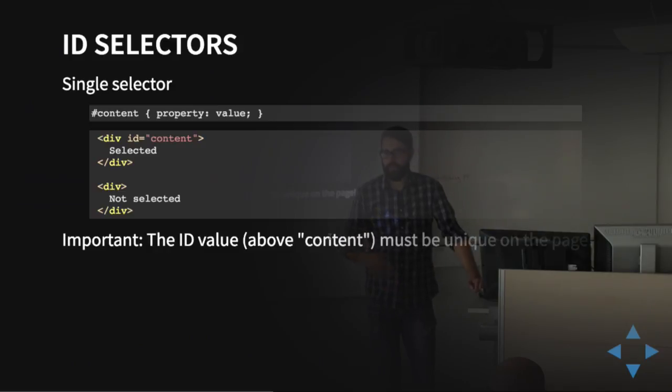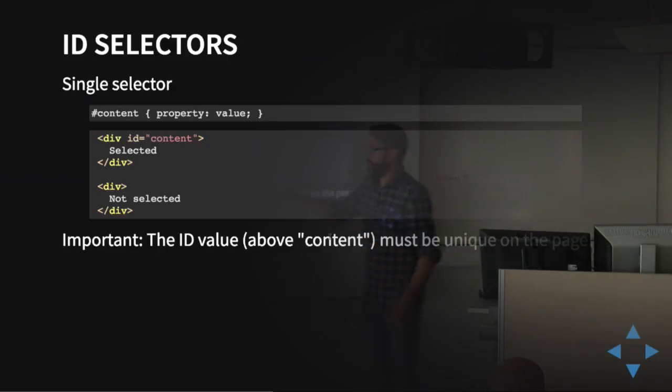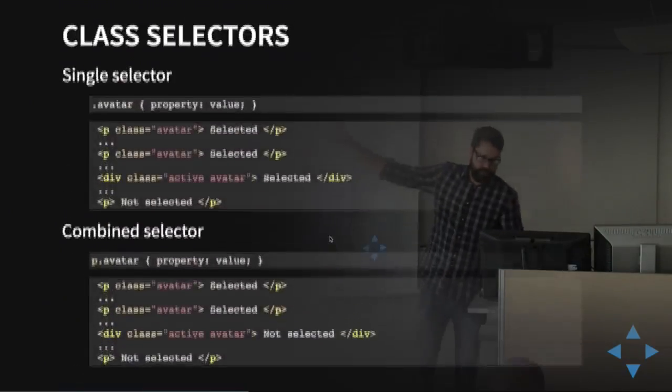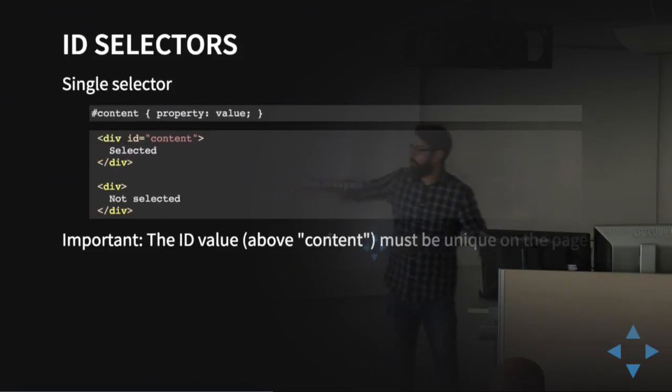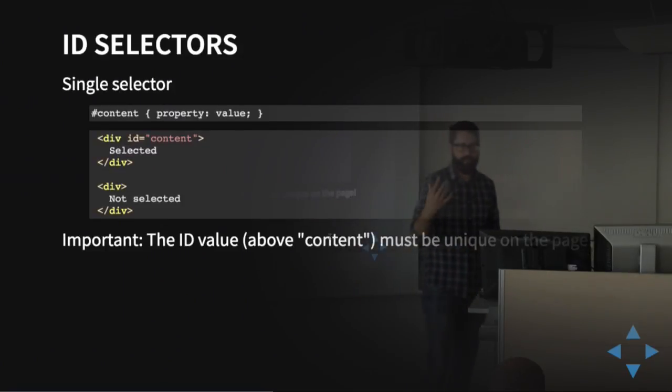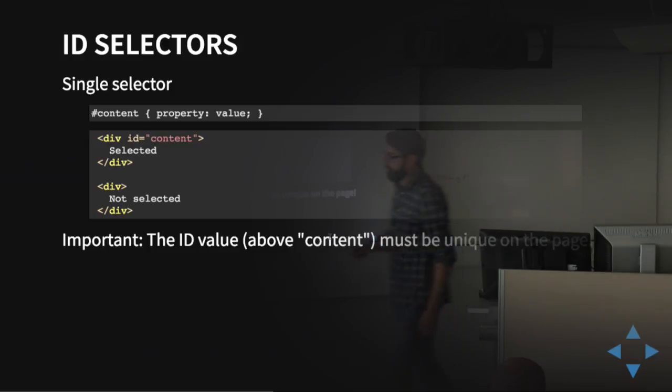However, when you start writing JavaScript against this page and trying to dynamically read those elements, it will not. Because the JavaScript API says that if you're trying to fetch classes from a page, you will get an array back with all the classes. However, if you try to fetch an ID, you will only get one single object back, not an array of objects. So when we get to the JavaScript part, it's really important that you only have one ID per page.